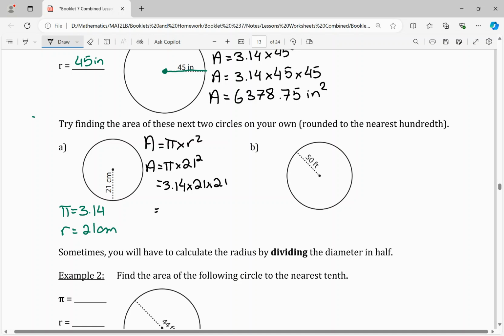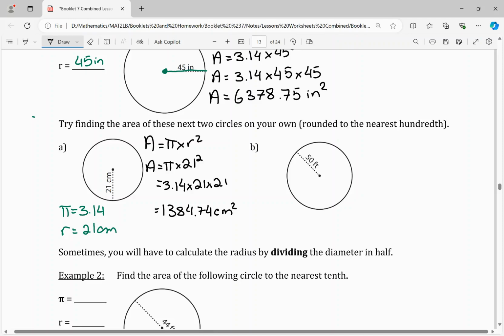Using a calculator, we get an answer of 1,384.74, and this is centimeters squared. Make sure to include your units. That is part of the marking for this unit.